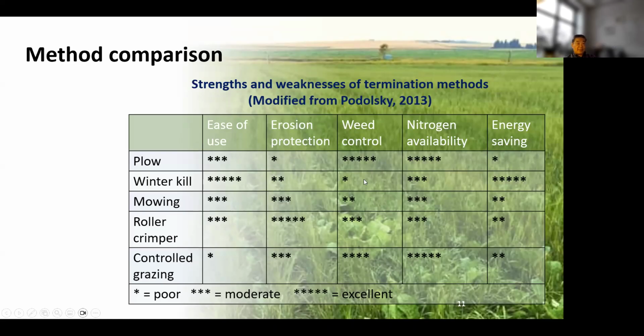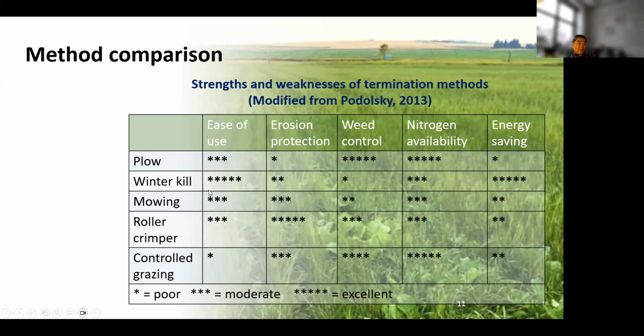Weed control is great, because after you terminate you could continue to plow and get weed control. Nitrogen availability is very good, retaining all or almost all the nitrogen, and energy saving is not that great.